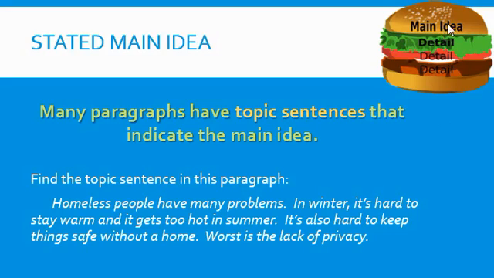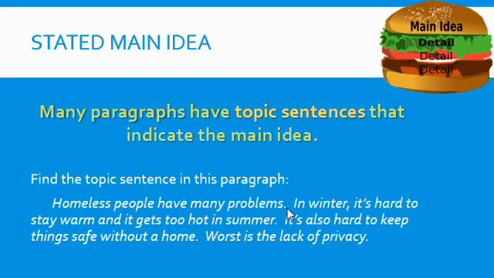We have the main idea as the top bun, our details in the middle, and then a concluding bottom bun that restates our main idea. So our main idea in this paragraph might be easy to find because it's a stated main idea. We'll look at the first sentence and at the last sentence.